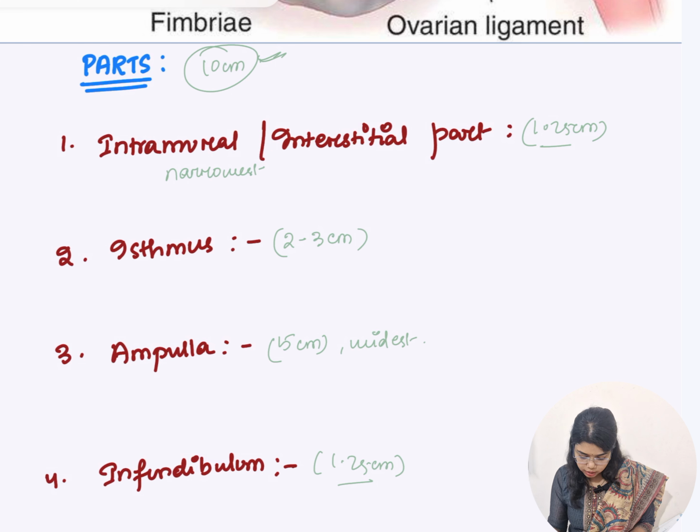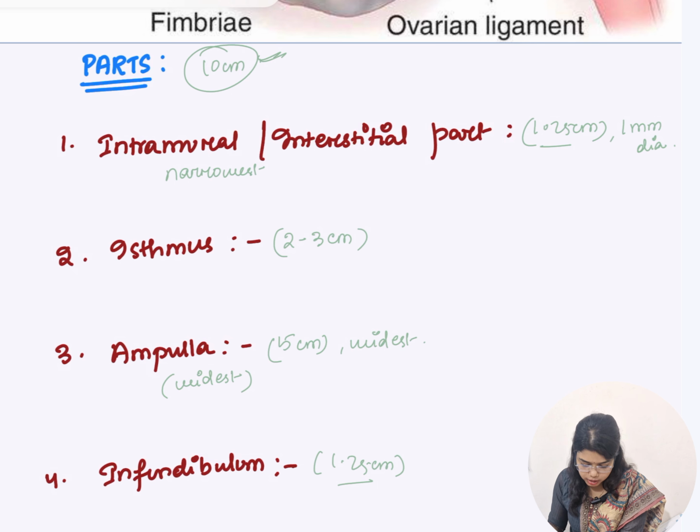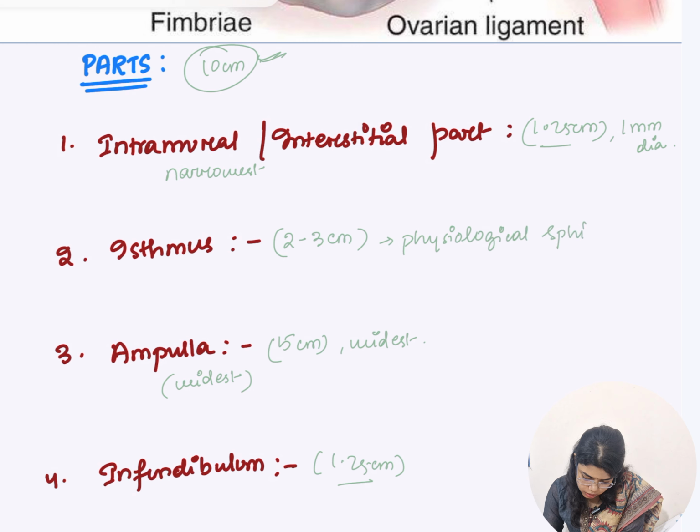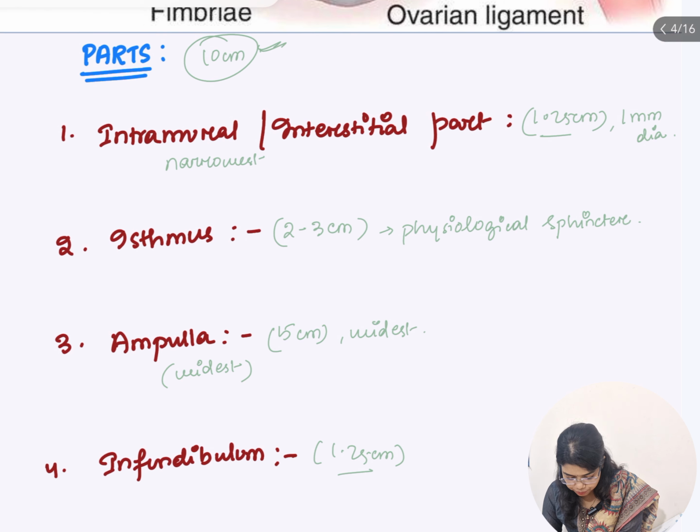Okay, then intramural is the narrowest, and ampulla, as I told, is the widest. So how to remember the diameter? See, this one is the narrowest, meaning 1 mm in diameter. Okay, and isthmus is the physiological sphincter. It is also called the physiological sphincter. What is the importance of isthmus? I will tell you.